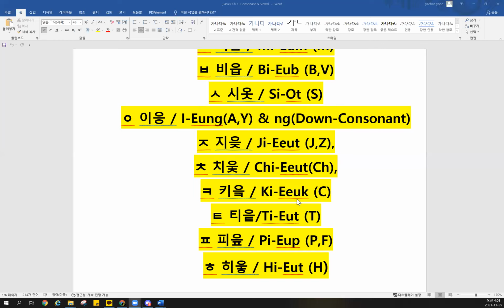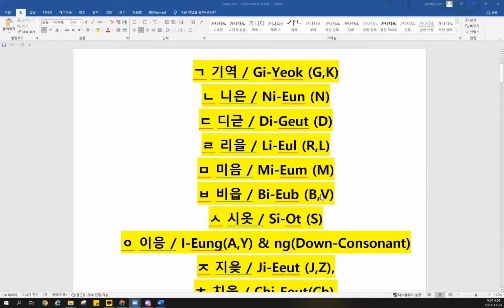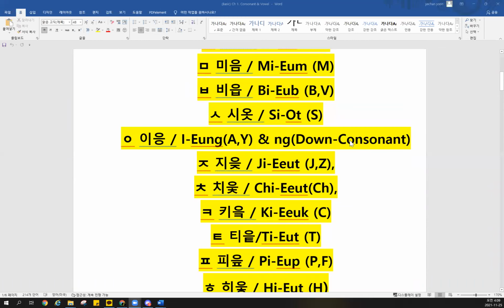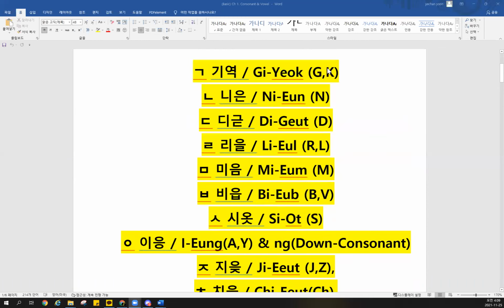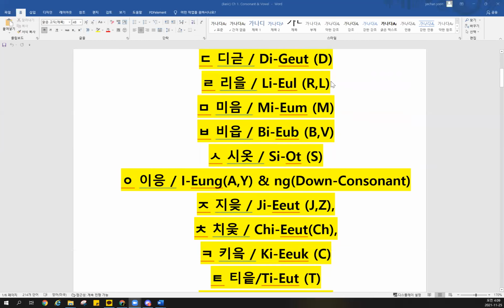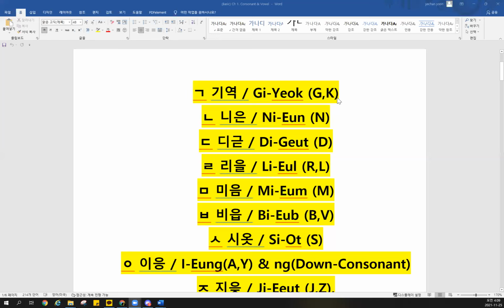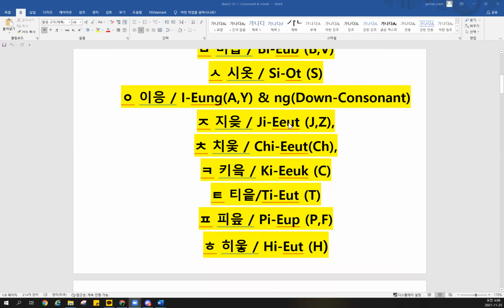You can write it with C. It might be a bit confusing with K and C, because K is also pronounced as k, right? But we have a promise that K we write as a G sound. All right, please remember this one.